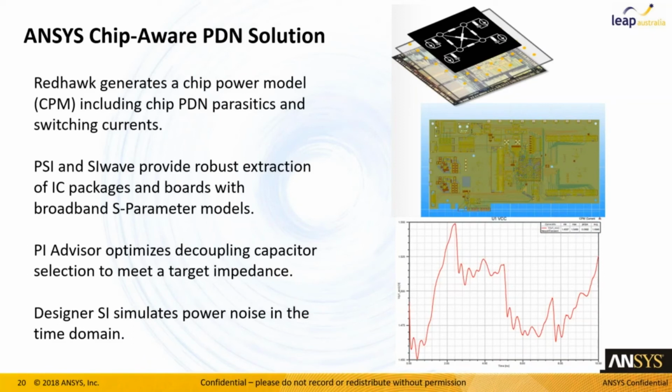That's a little SPICE format type of component, and that keeps all the impedances and all the parasitics of that chip, and also the current switching profiles. And you can directly bring that into your PCB and analyze the entire board level power integrity with the accurate chip model.